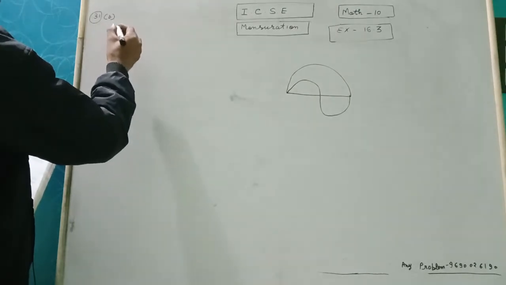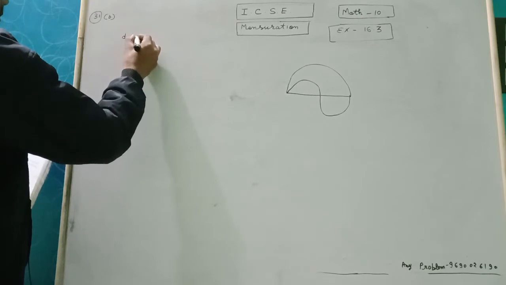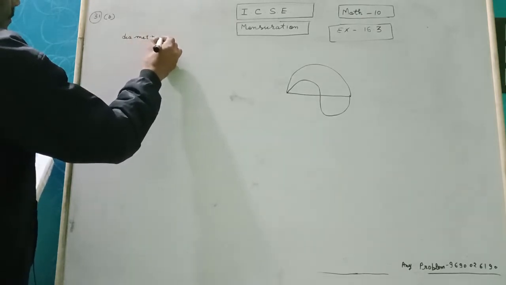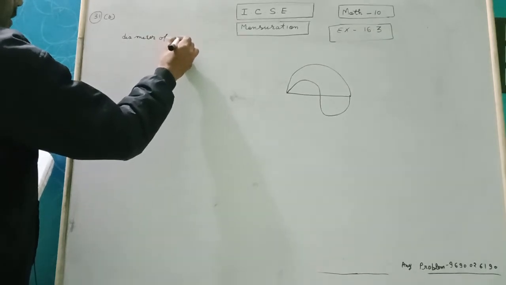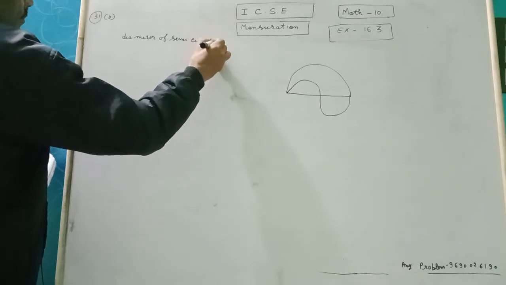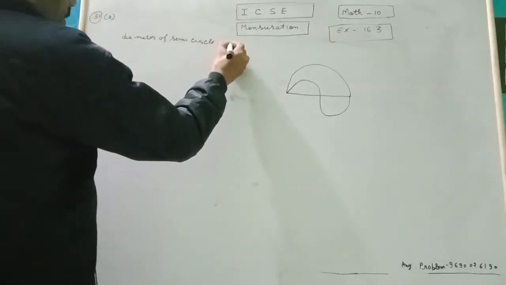Diameter of semicircle is equal to 10 cm.